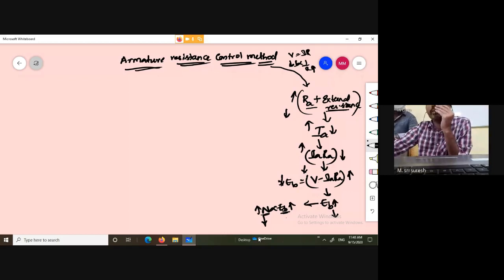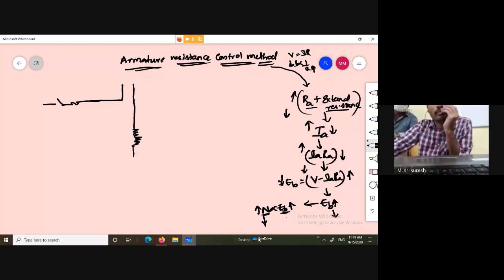Anyway, we'll discuss it with the laboratory experiment by drawing the circuit diagram here. So here we are keeping a maximum resistance position.